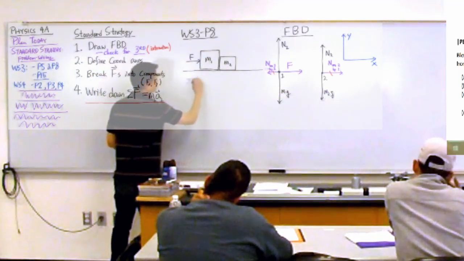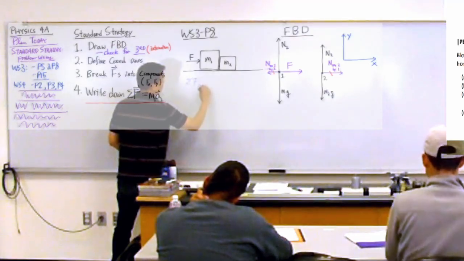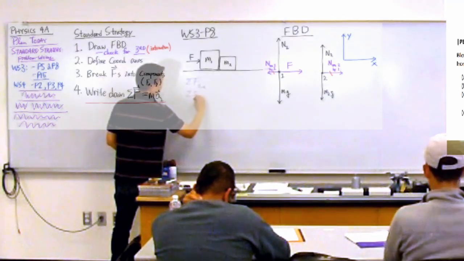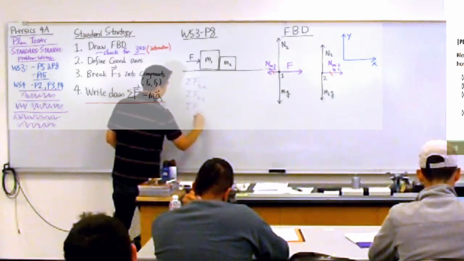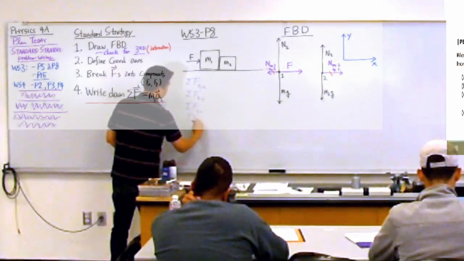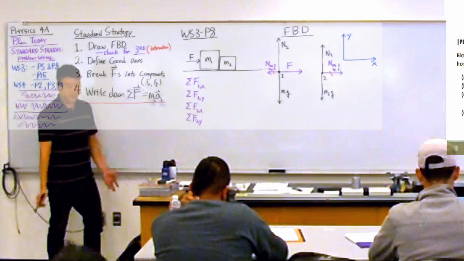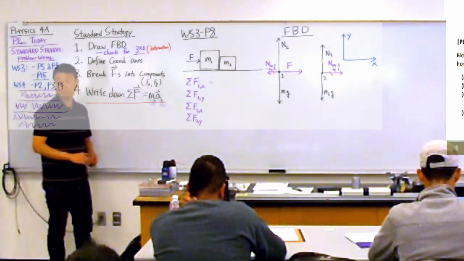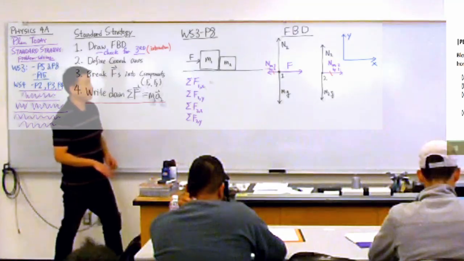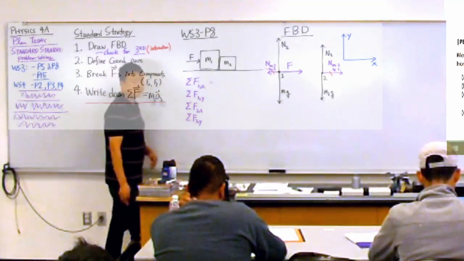So net force for mass 1 in the x direction, net force for mass 1 in the y direction, net force for mass 2 in the x direction, net force for mass 2 in the y direction. All right. What are the horizontal forces on mass 1? We're just copying it from the free body diagram.